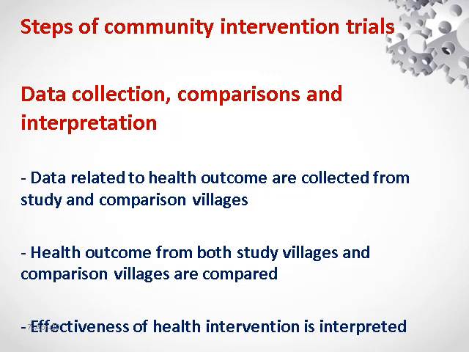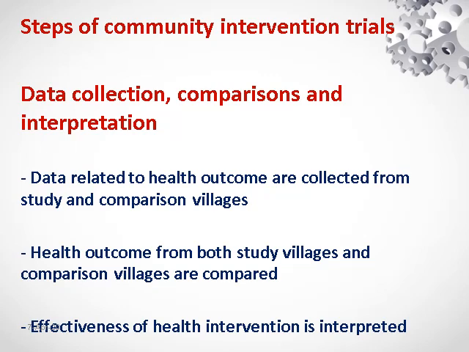We are checking how many cases of dengue per month in the intervention village, and how many cases of dengue are reported every month in the control village. Then we are comparing, and the effectiveness of the health intervention is interpreted.